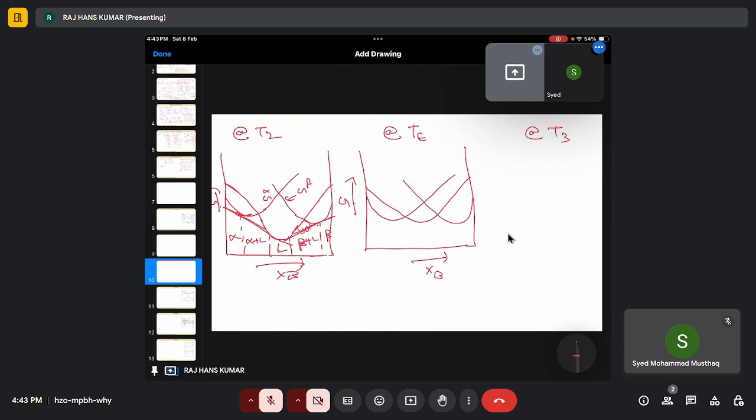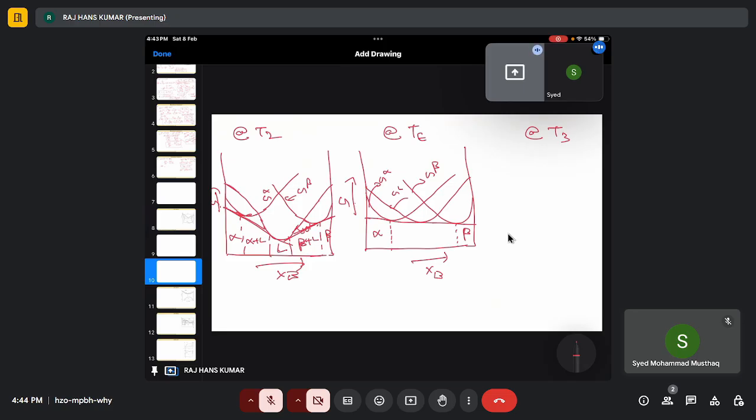So this is my G liquid, this is my free energy of alpha, and this curve is my free energy of beta phase. Right? So if I draw a common tangent, here it is my alpha, and here it is beta, because the common tangent is touching three different vertices.